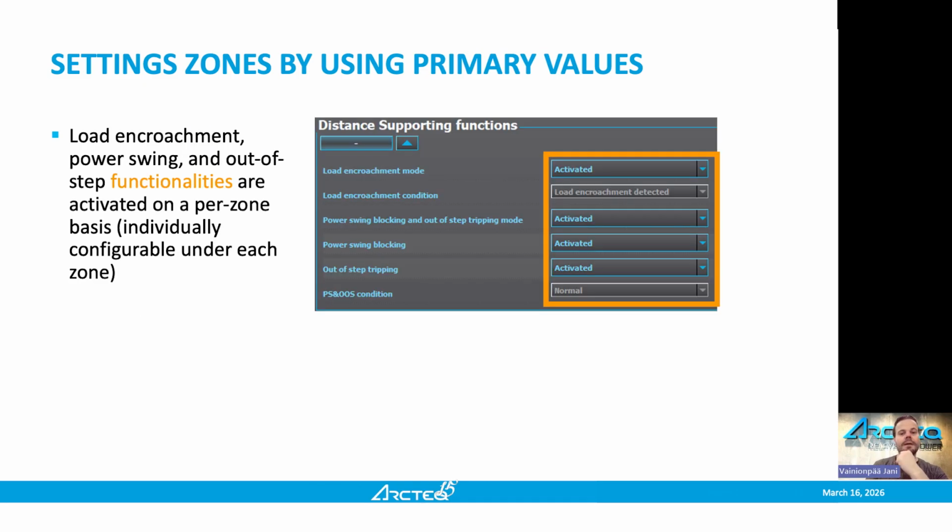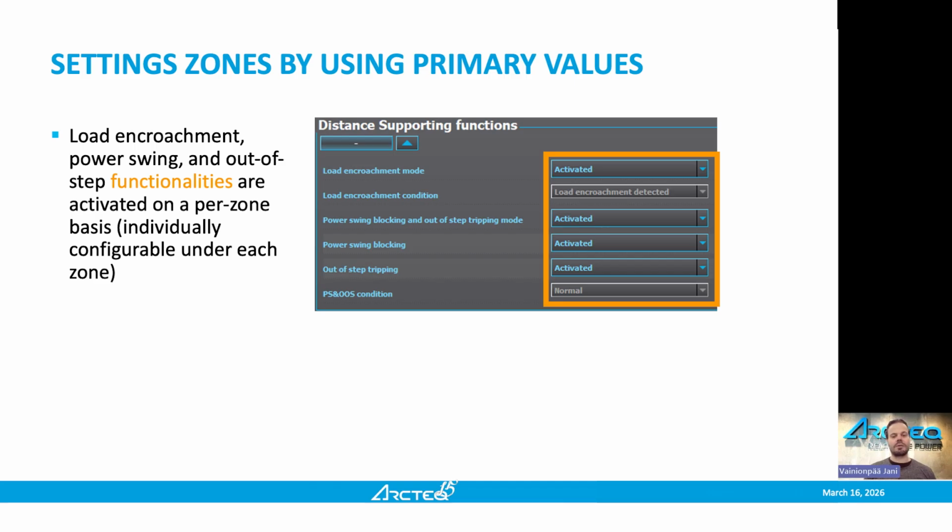And there is a separate primary or main setting for the following that I'm going to show you here. So we got load encroachment area, we got power swing blocking, and then we got out of step or pole slipping functionality. So basically all these 3 have to be manually enabled in our relay.